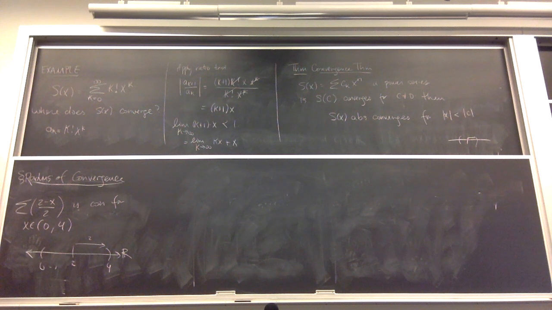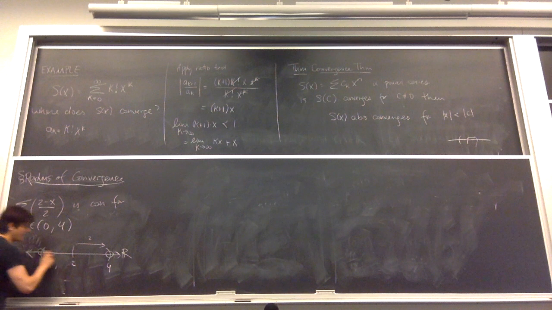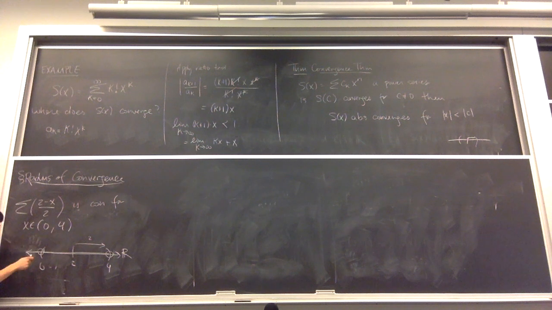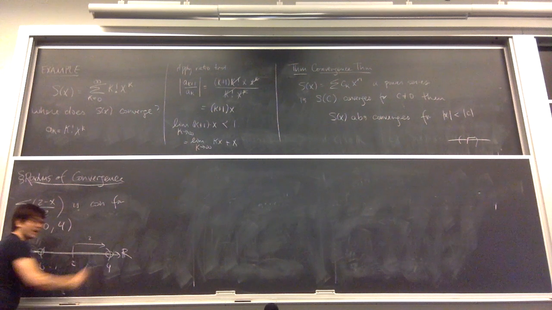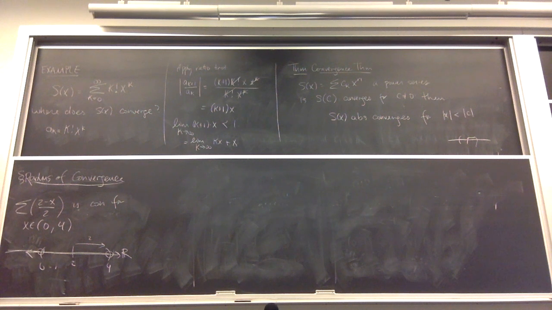As you mentioned, though, these endpoints are inconclusive. I neither know if they're convergent or divergent. We know that everything inside the interval will be convergent, and everything outside the interval will be divergent. But the endpoints require their individual analysis.